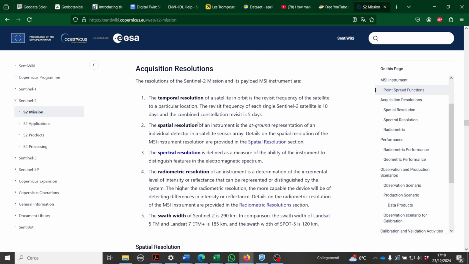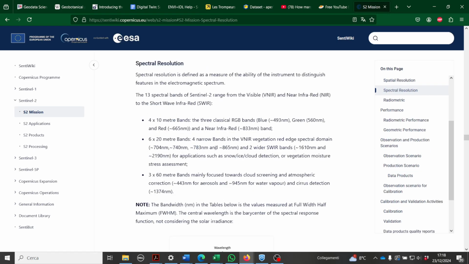Concerning the spatial resolution, we will see that it is different for the different spectral bands, ranging from 10 meters to 60 meters, while the spectral resolution, related to the different spectral bands, is what is in the hyperlink here. So we can go to the hyperlink.